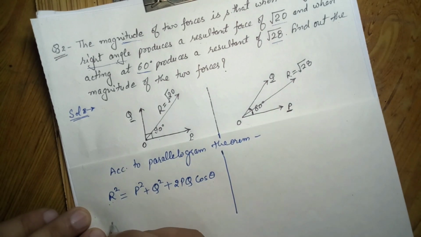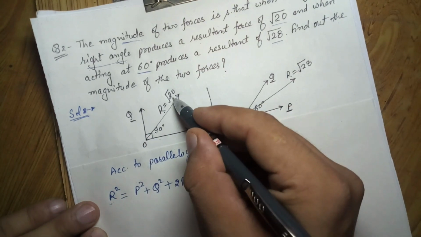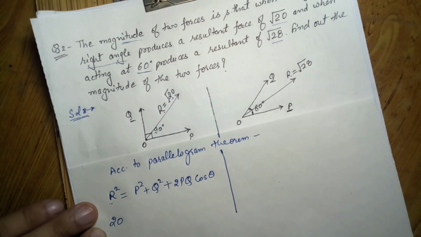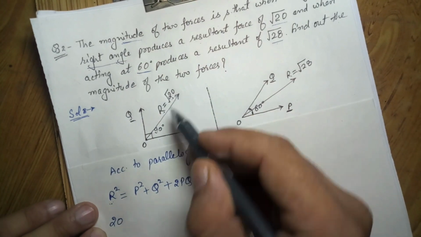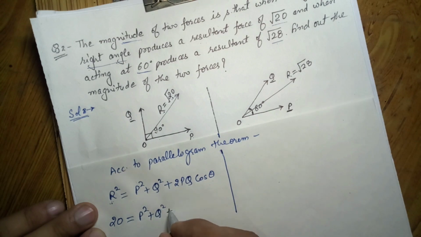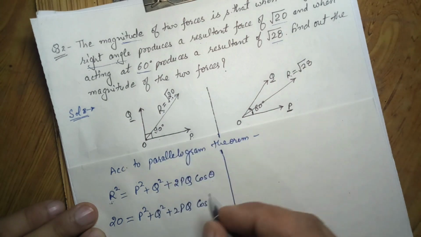Here we know the value of the resultant R, that is root 20. So the square of root 20 will be 20 only. R is under root 20, so R square will be 20, that is equal to P square plus Q square plus 2PQ cos 90 degrees, where P and Q are unknown values but the angle is known.